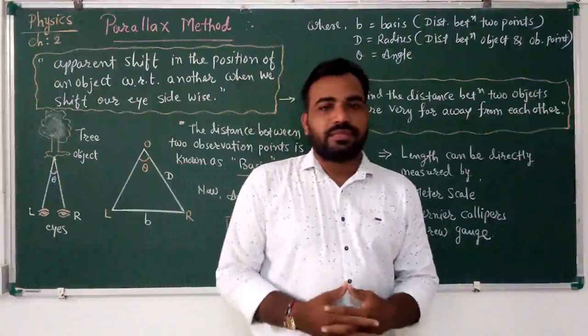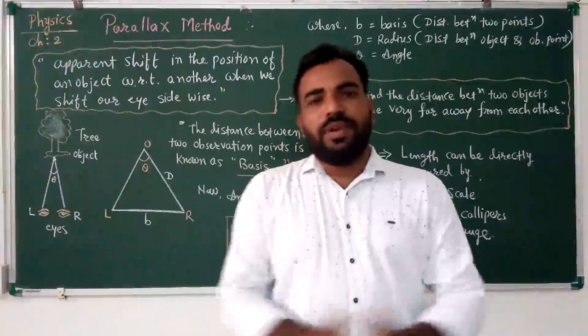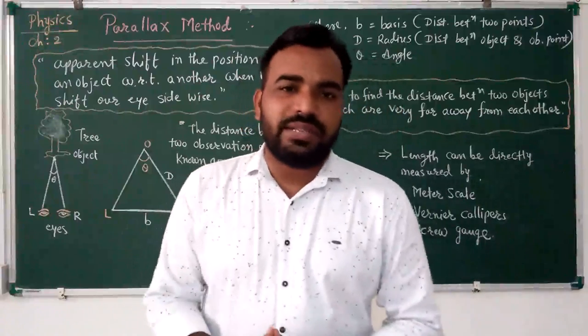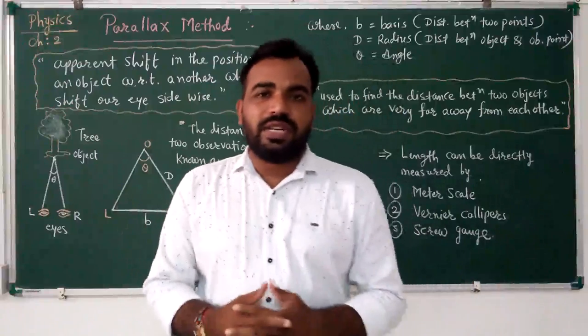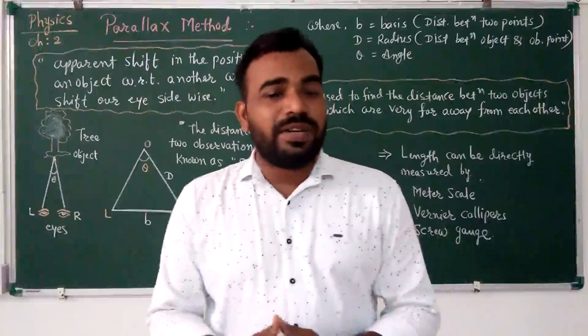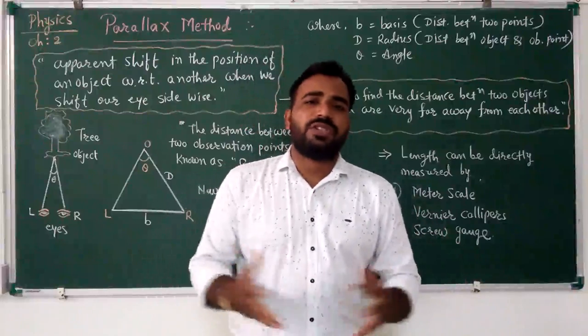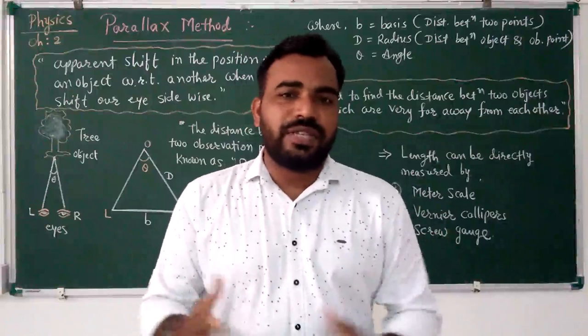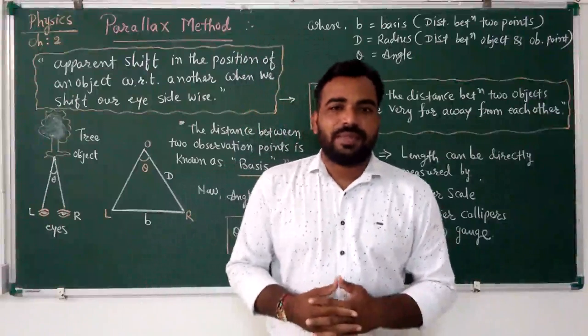Okay students, now in our previous lectures we studied about different physical quantities. Fundamental physical quantities were there, derived physical quantities were there, some fundamental units were there, right? We studied about physical unit in our last lecture.